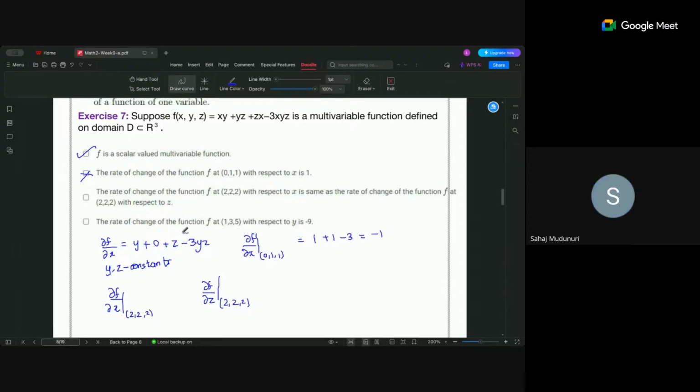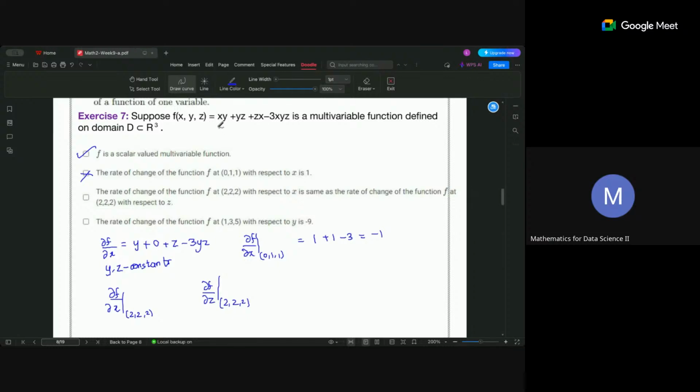So with respect to x, that means we put the other two as constants. Ma'am, in this equation you are taking x as the constant? No. See, imagine the same.